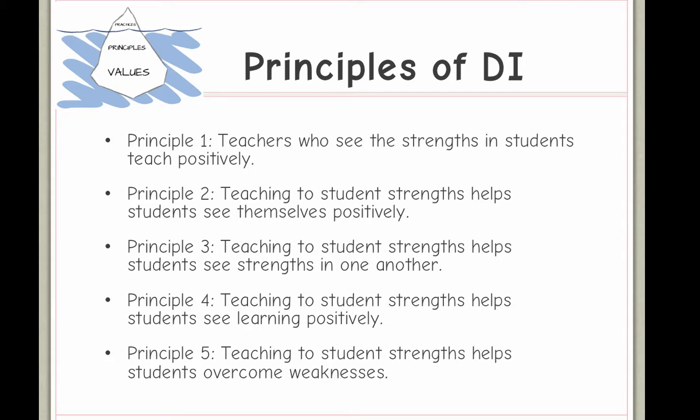So one of the things that I want to point out are some fallacies about differentiation. Differentiation doesn't mean you individualize instruction for each and every student. You are not creating 20 lesson plans or 25 lesson plans.